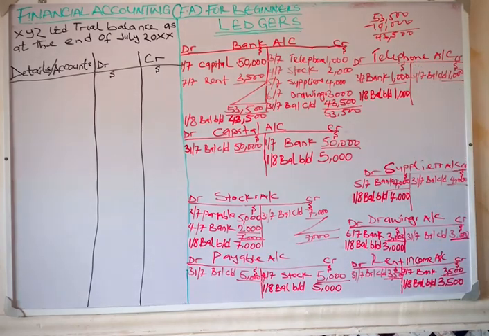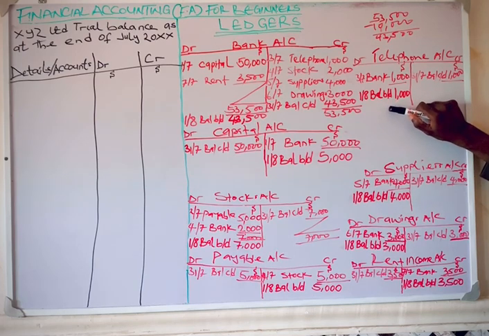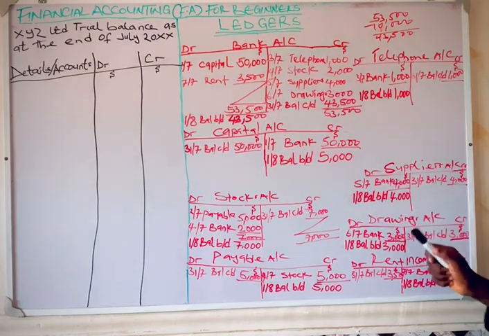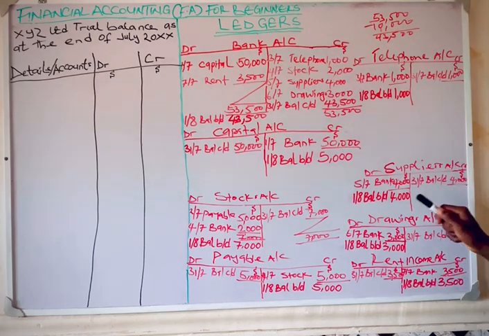Our telephone account, the balance BD is at the debit side, so our telephone account has a debit balance. Simple as that. Suppliers account, the balance BD is at the debit side, so it has a debit balance.